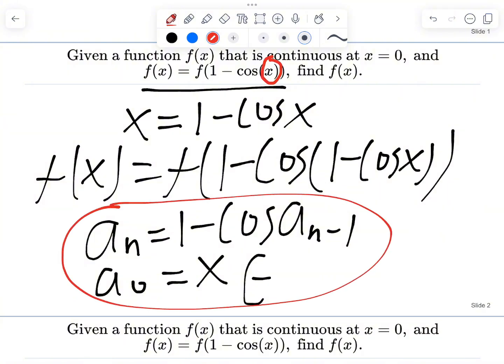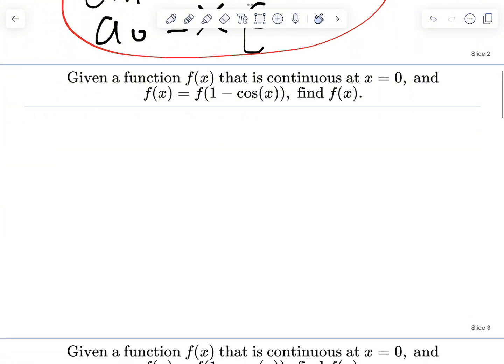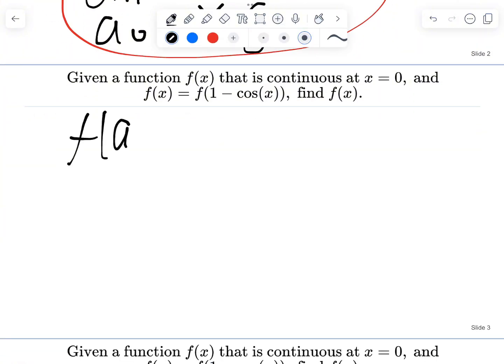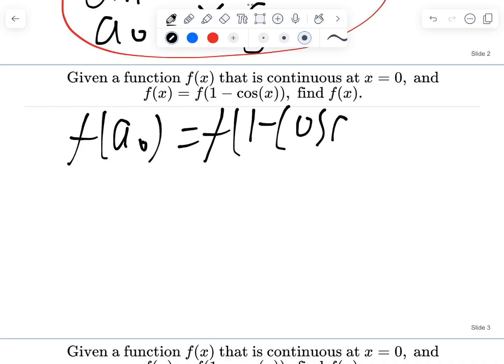Okay, so let's say this was the recurrence relation we found here. Let's use it and take it back to the original satisfaction. So f(a sub 0) equals f(1 minus cosine a sub 0), because the original satisfaction says so. But using the recurrence relation we found on the previous page, we can find another way to present 1 minus cosine a sub 0.